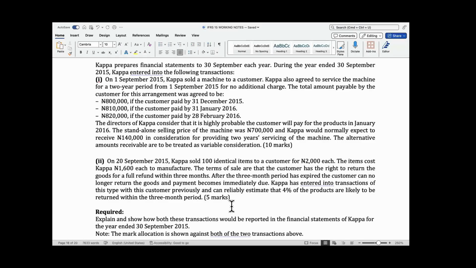The stand-alone selling price of the machine was 700,000 naira, and Kappa would normally expect to receive 140,000 naira. In consideration for providing 2 years servicing of the machine, the alternative amounts receivable are to be treated as variable consideration.